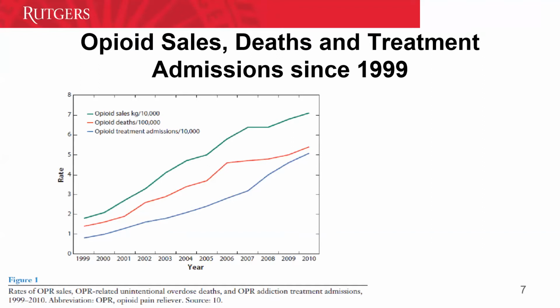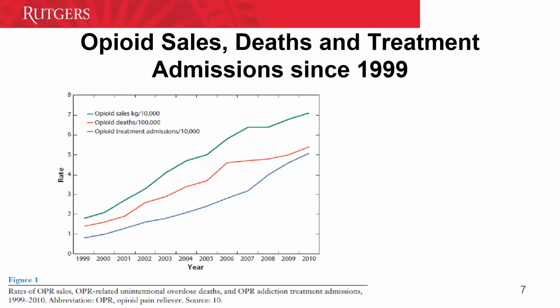And looking at opioid sales, deaths, and treatment admissions, this trend has only been on the rise since 1999. As sales increase, there's a corresponding rise in both the deaths and admissions attributed to opioids. However, of note, this is not a worldwide phenomenon. It's really more of a US problem, and to a lesser degree, Canada and Australia.